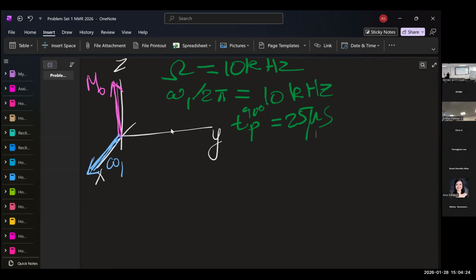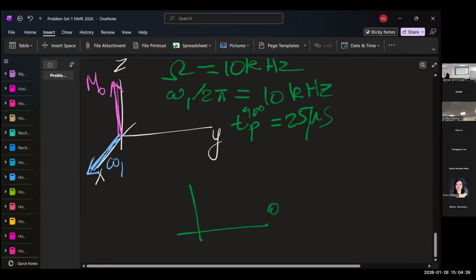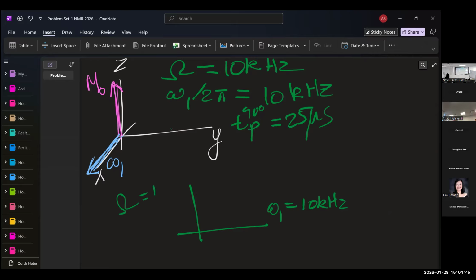So I've drawn X showing the omega 1 field, Z showing the bulk magnetization. And if I were to just look at it from the direction of Y, then again I have... Anybody who remembers from trigonometry what the angle will turn out to be? 45 degrees, right?